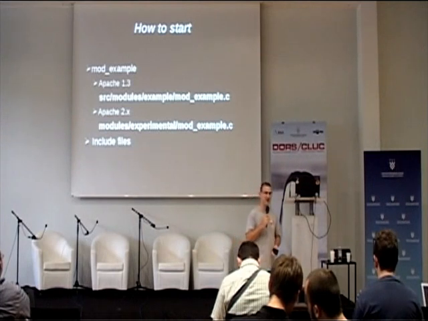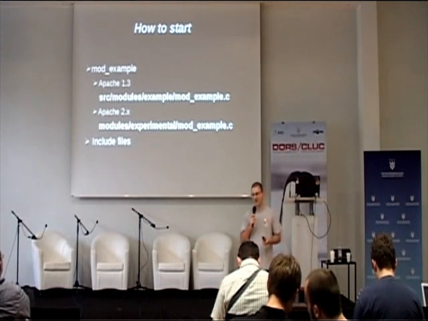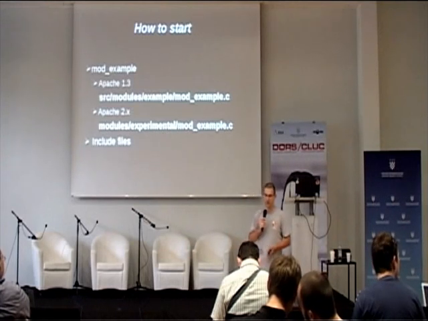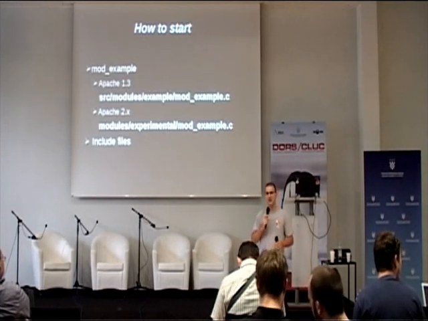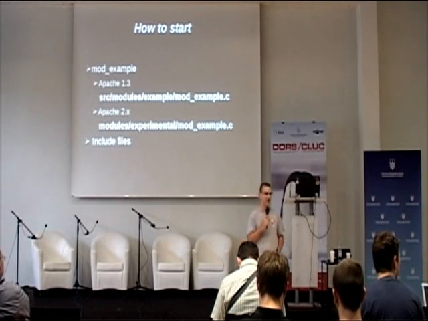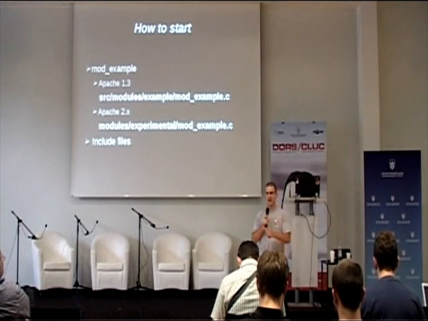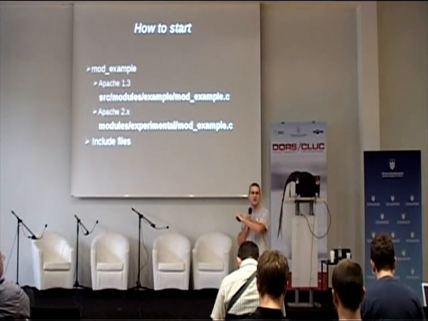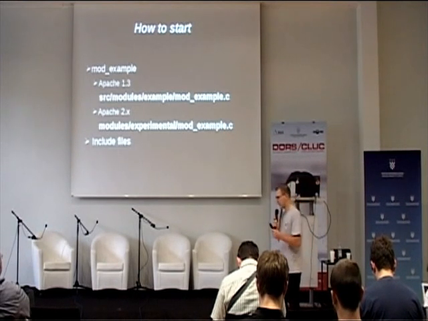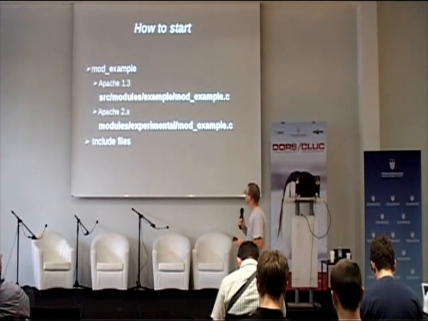The problem is that you need to understand what you want from these modules. Usually the best case would be to find a module that has a similar functionality to what you want, look at that code, and also read the comments in the mod example to help you understand more about what you want to do later.